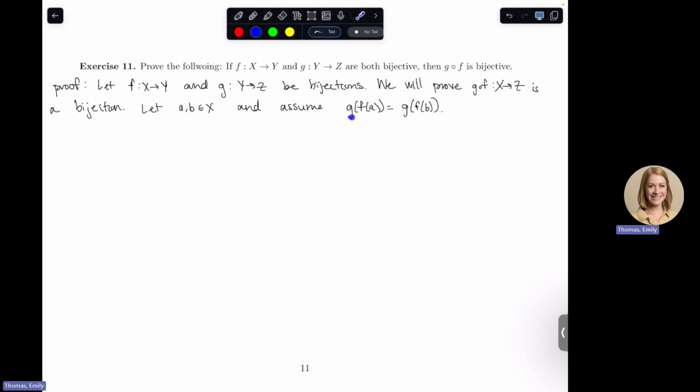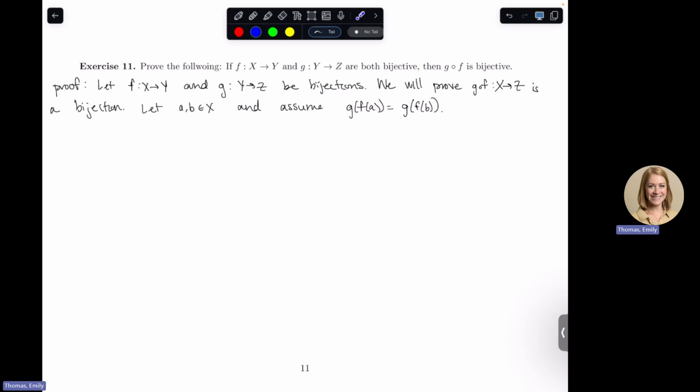What's true about G? In particular, it is 1-to-1. So if G of f of a equals G of f of b, then f of a has to equal f of b. Those are y's that are in the domain of G. The ideas are there.